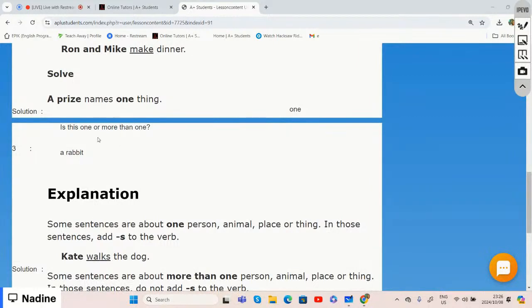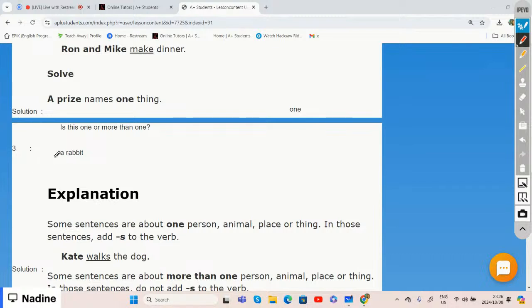All right, the next one says a rabbit. Are we talking about one rabbit or are we talking about more than one rabbit?